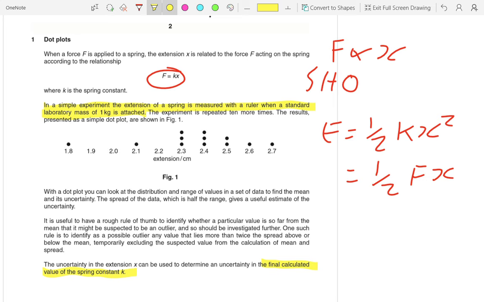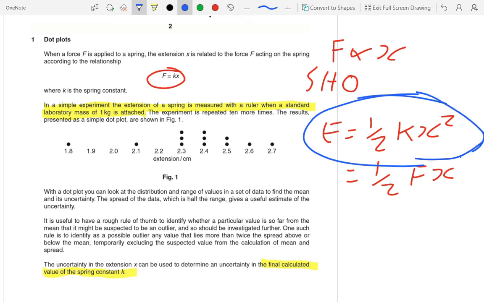So that will be the thing that you're looking to find. After finding the mean and the spring constant, you can find the energy stored in the spring. That's something that's likely to come up, so make sure you know that equation. I think it comes in the formula booklet anyway, but it's a good one to know.